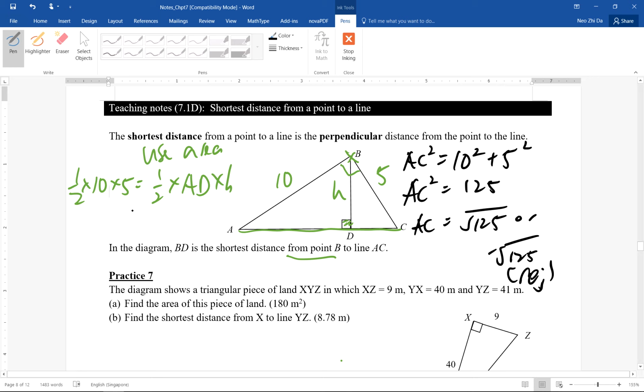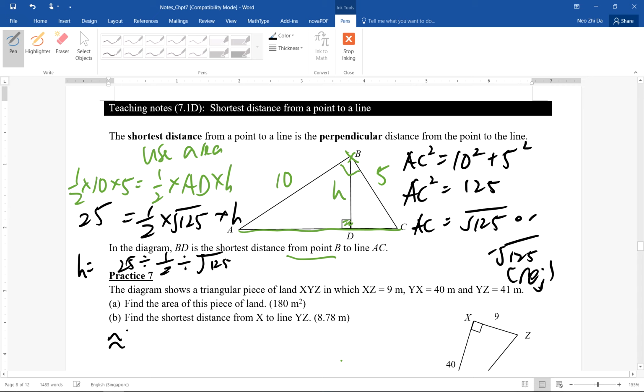So with this, half times square root 125, the most accurate answer. This one is 25. So h is equal to 25 divided by half divided by square root 125. The answer, what is it?